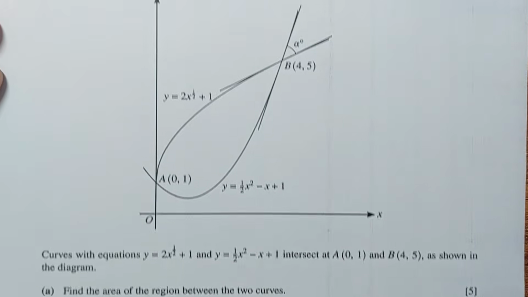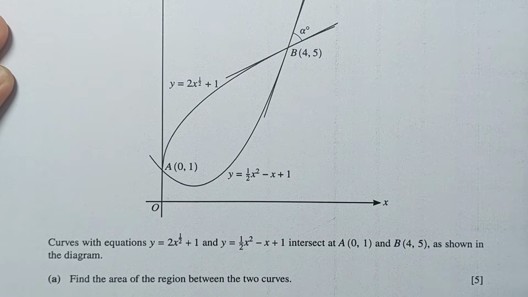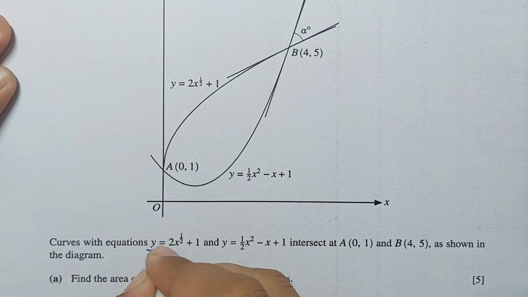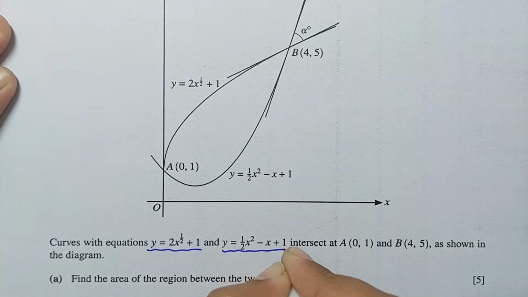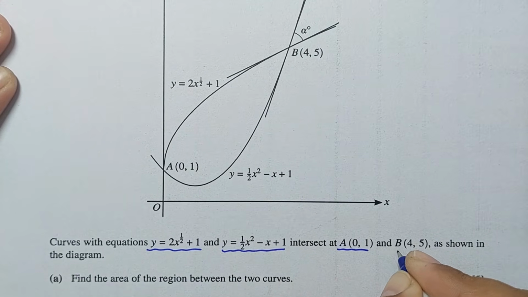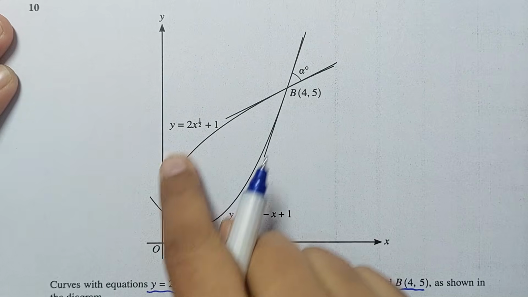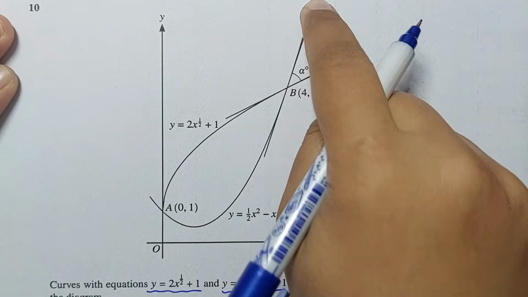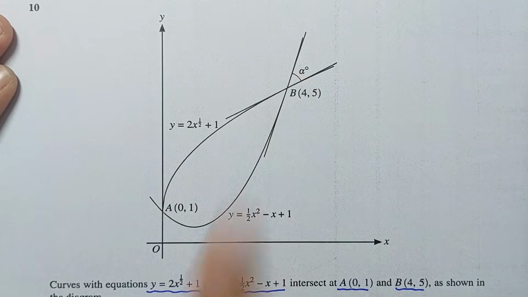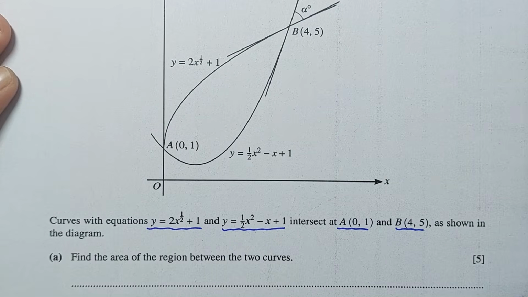Question number 10, curves with equations. We have two curves and the equation of the curves intersect at A and B as shown in the diagram. Okay, so we have the first curve, we have the second curve, they intersect at point A and at point B. We have given the coordinates as well.